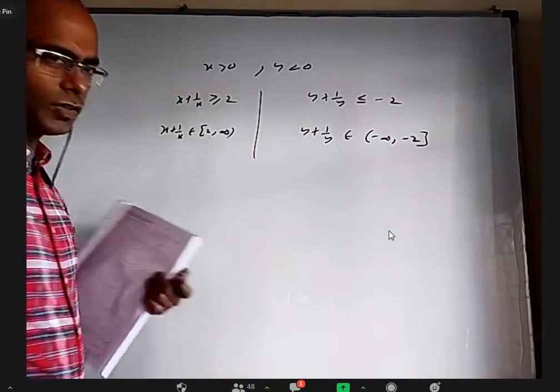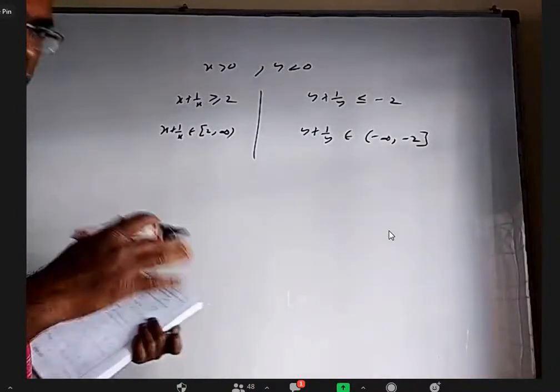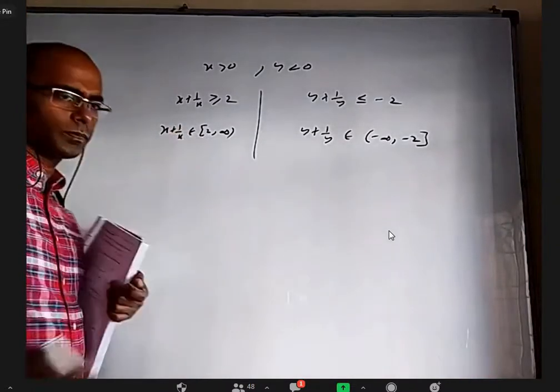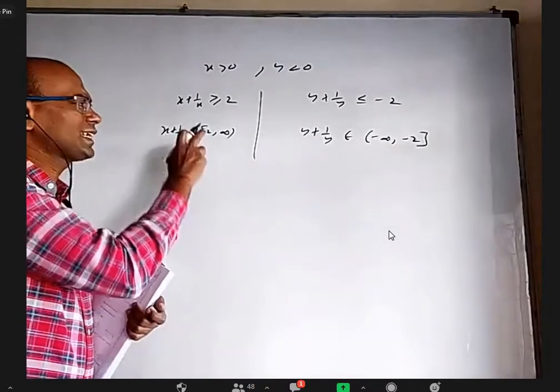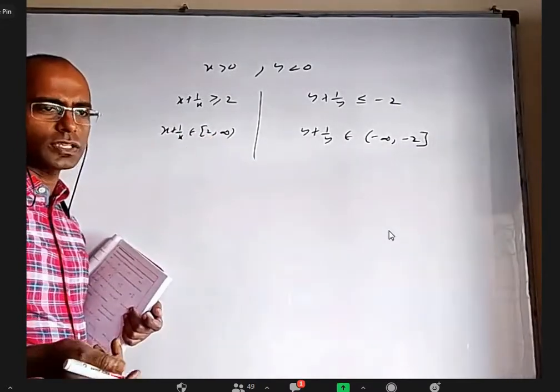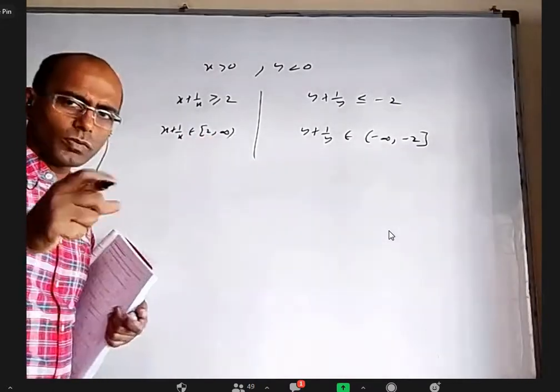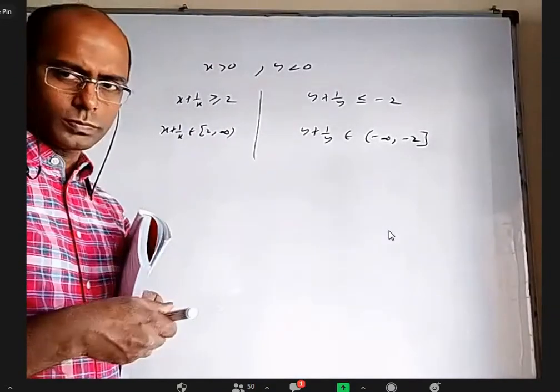Now secant inverse. If something is from 2 to infinity, what values will it give? When you say secant is from 2 to infinity, it is as good as saying cos is from 0 to 1 by 2. For what values is cos from 0 to 1 by 2?